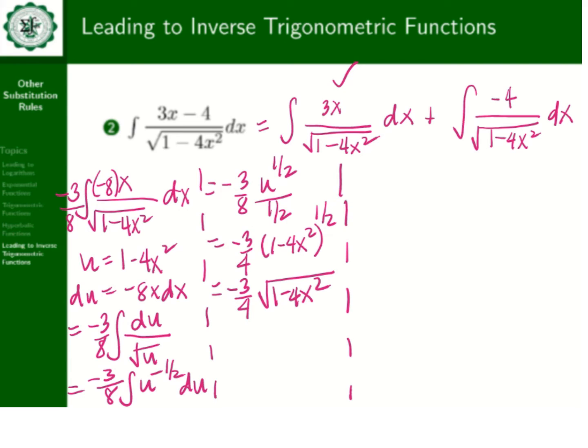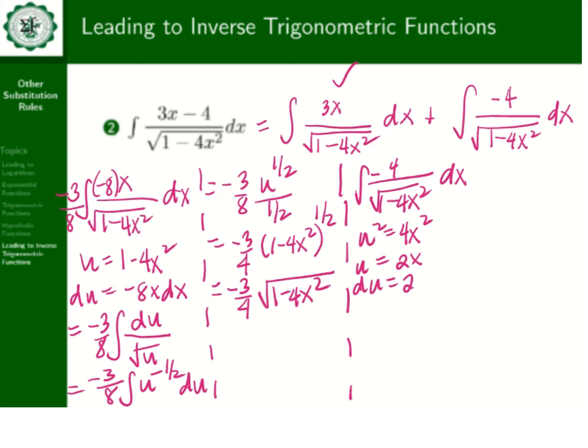Now for the second term, we have the integral of negative 4 over the square root of 1 minus 4x squared dx. We are going to use the rule leading to inverse trigonometric functions, where u squared is equal to 4x squared. Then u is the square root of 4x squared, so this would be 2x, and du is 2 dx. Now we also have a squared, which is 1, so the value of a is 1.